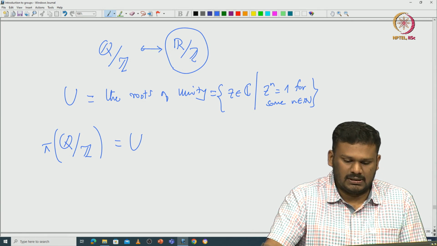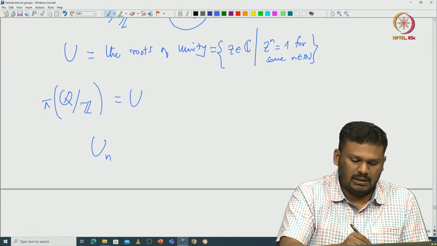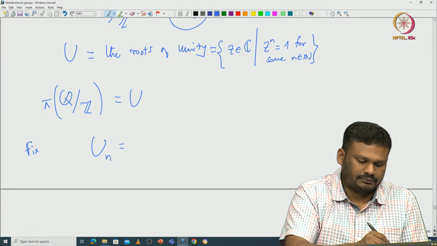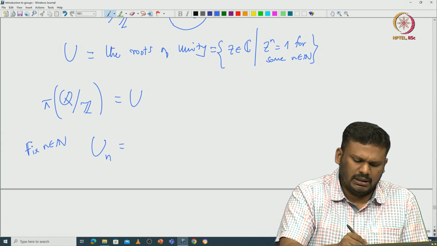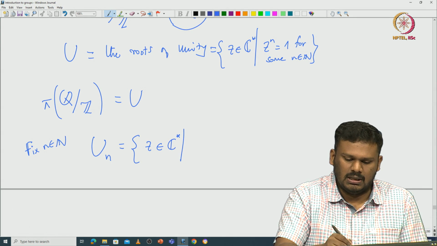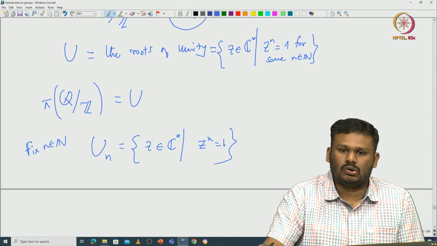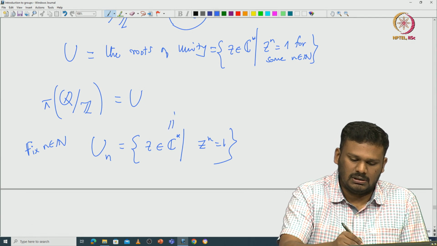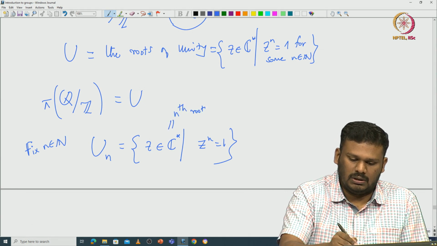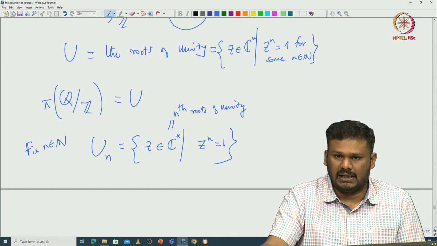Okay. For example, you may wonder about the nth roots of unity. So fix n in N, then you can look at all those z in C star such that z to the n equals identity. So these are the nth roots of unity. We have seen that the nth roots of unity form a cyclic group.